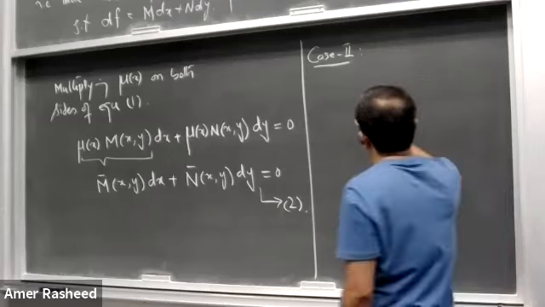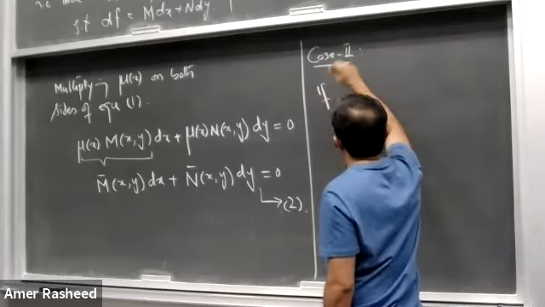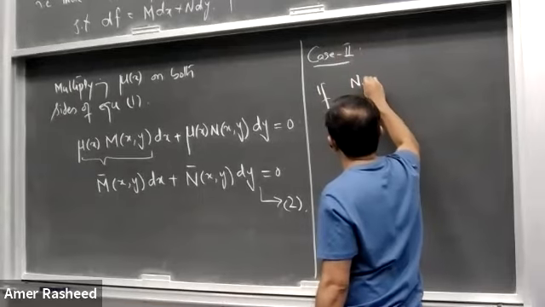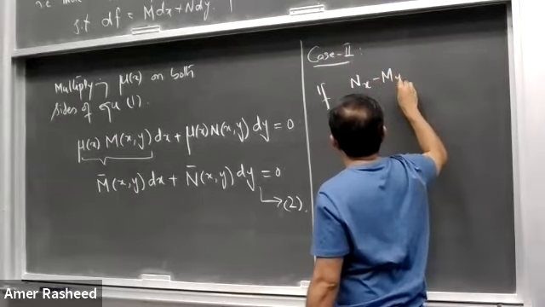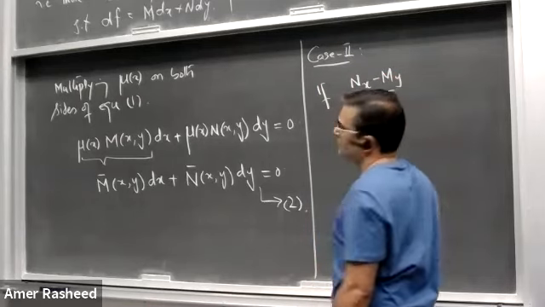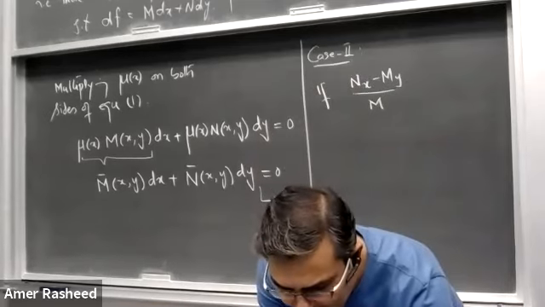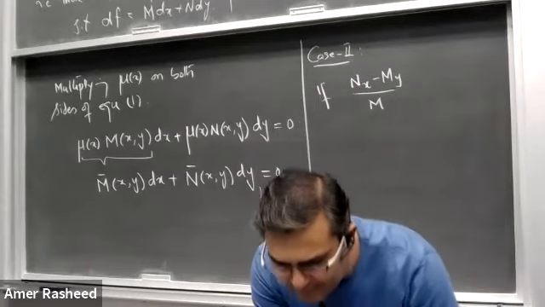The case 2 is if, now we change that thing, N_x minus M_y divided by M. If this expression, let me check I have written the correct expression. Yes, okay.